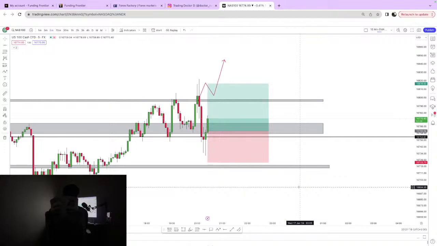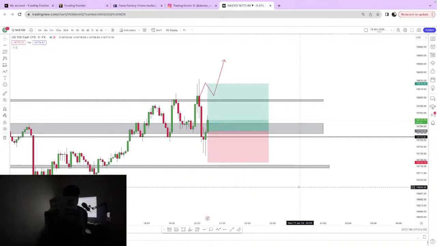Those who are new, I'd like to tell you that I minimum take risk reward of 1 is to 1.5, right? That is minimum. Maximum you can have anything, but at least this should be your minimum. This is my set of rules.